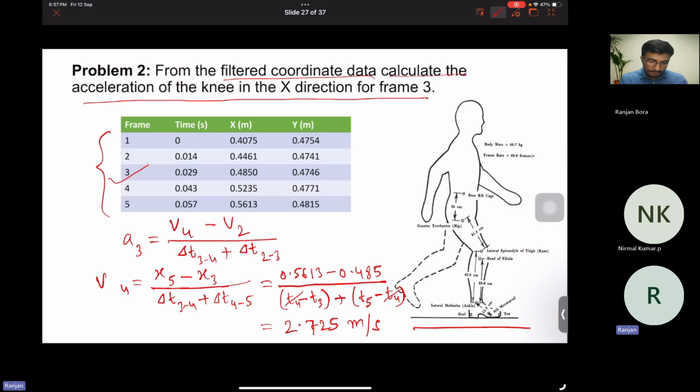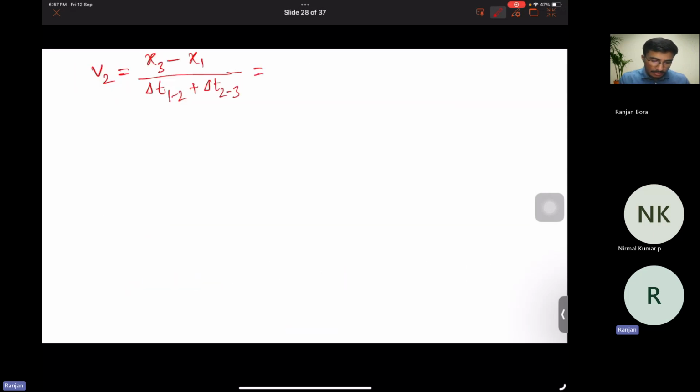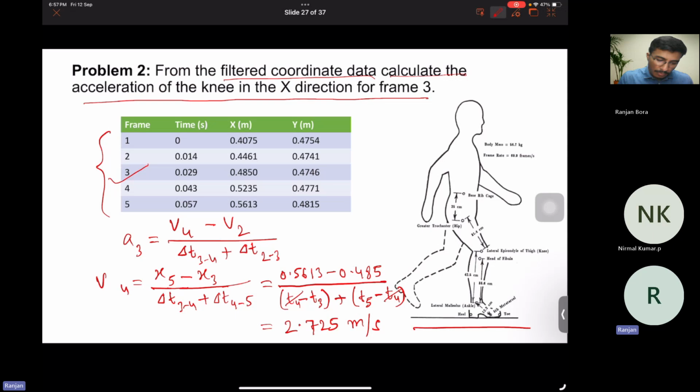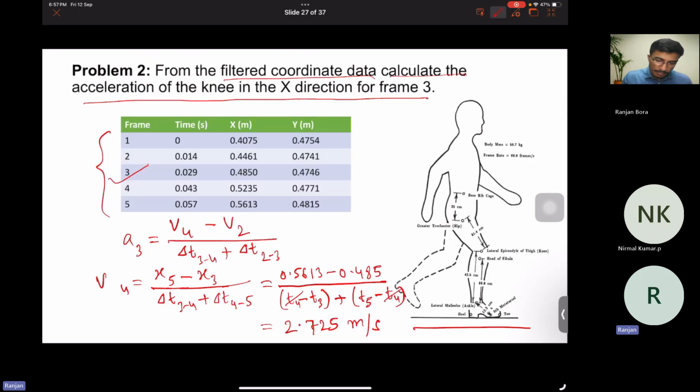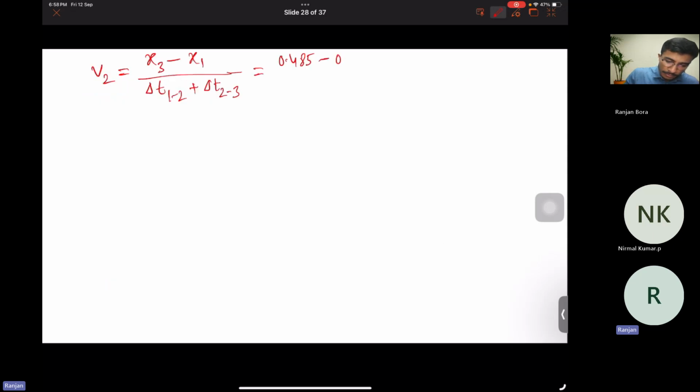What is x3? 0.485 minus x1, which is this one, 0.4075, and for delta T, we can write T2 minus T1 plus T3 minus T2. So T2 cancels out.